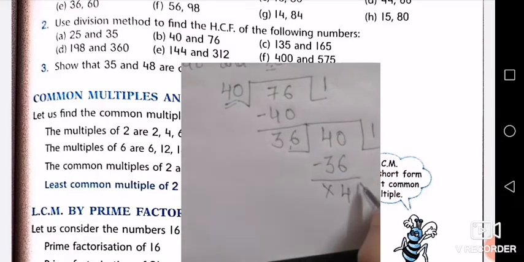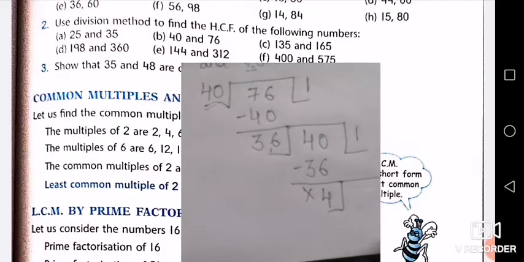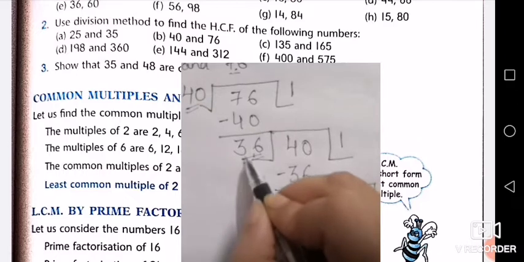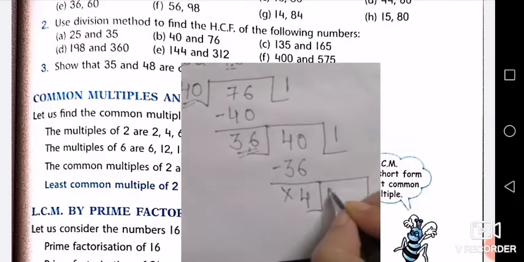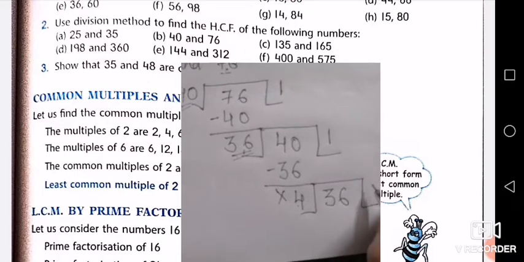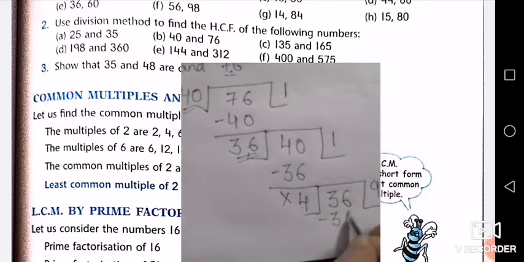Now, our rule says the divisor of the second step will become the dividend for the next step, and that remainder will become the divisor for that step. Now 4, 9 times will be 36.